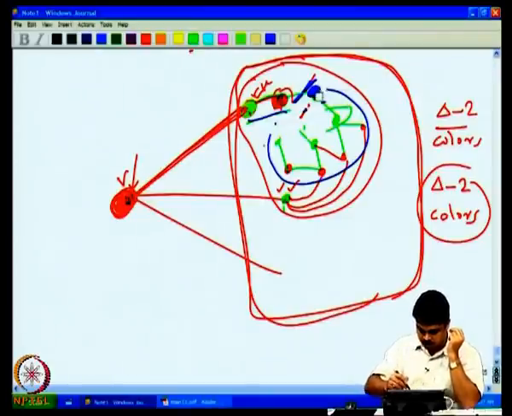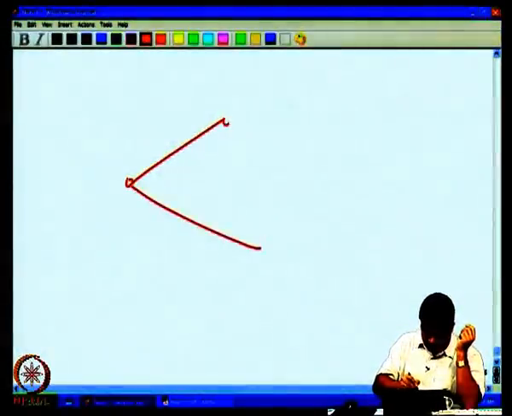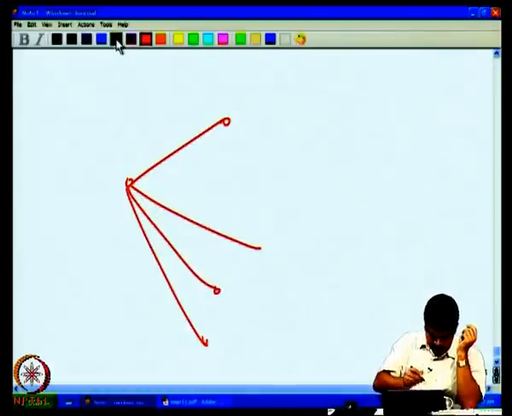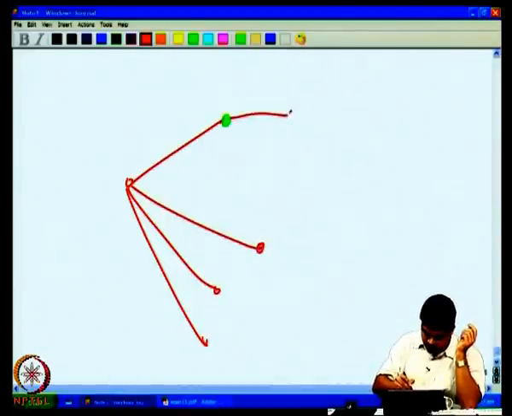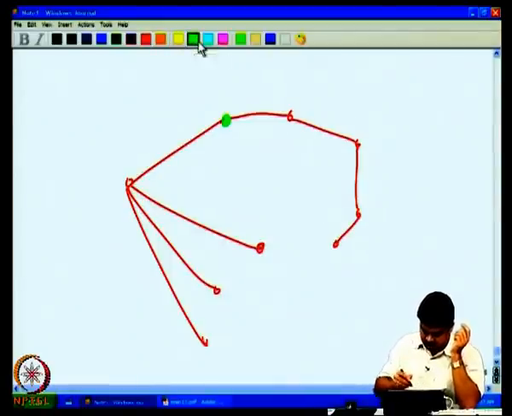So we can conclude like this, that the red green component will be, so this is V. If we consider the red green neighbor, so this is the green neighbor and this is the red neighbor, we will end up with a path rather than any complicated structure.